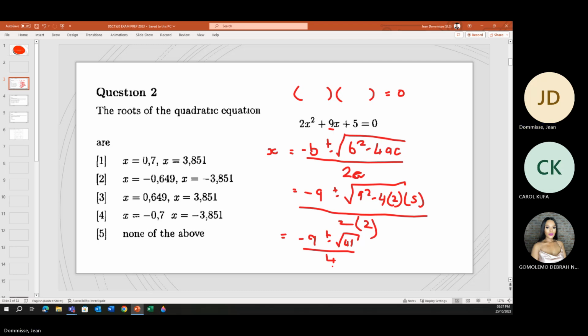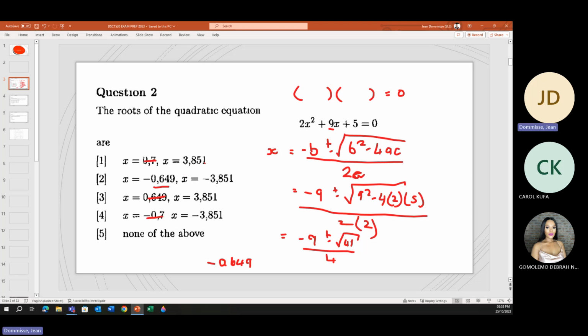Plus the root 41 minus 9 is minus 2.5969, divided by 4. So the first one I get is negative 0.649.